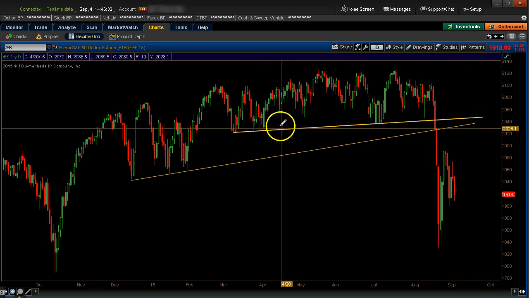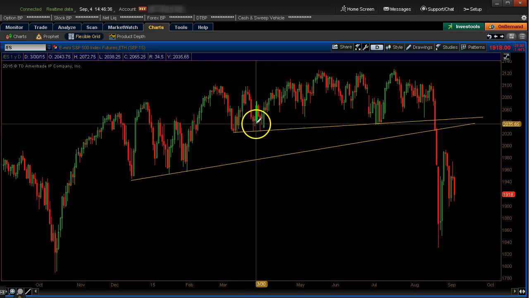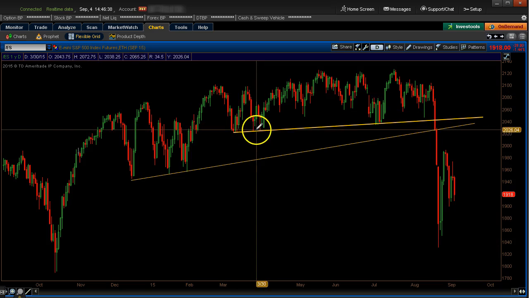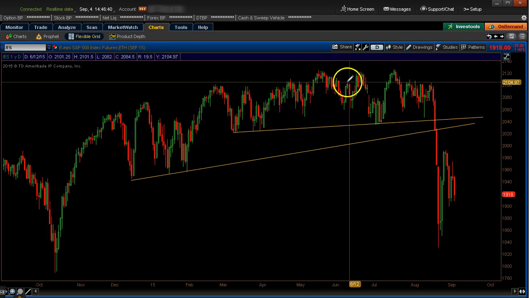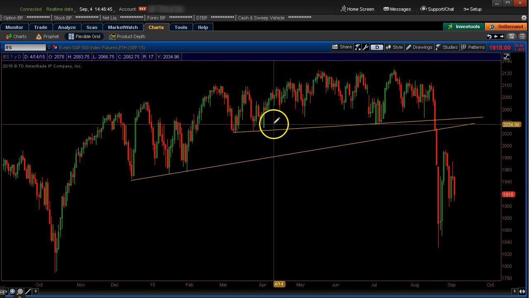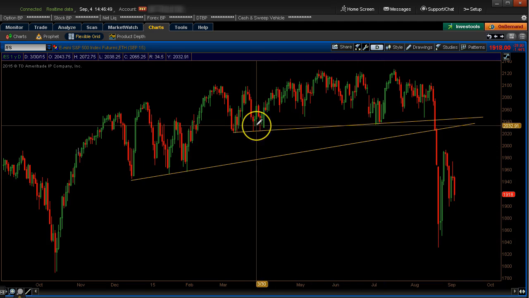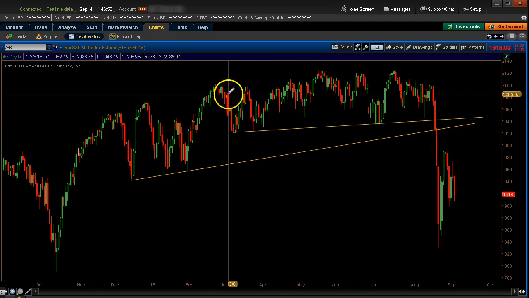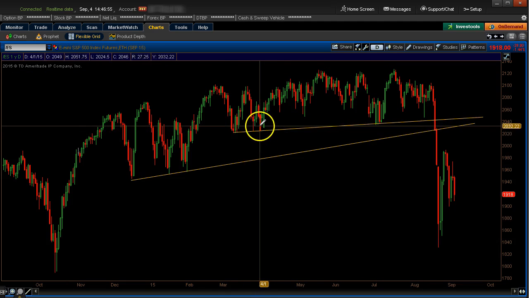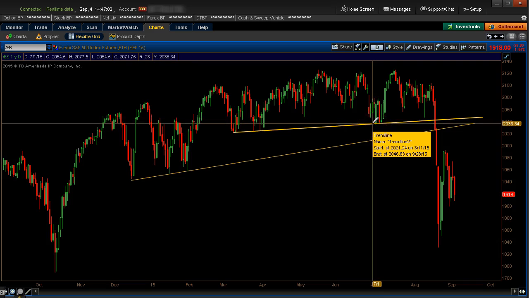So as you can see here, we find support, rallies, finds support, but a higher support, because every time it pulls back, it's making higher lows, correct? That's what we talked about in the last video on the trend. So which way is the trend? Well, we're making higher highs and higher lows. But every time it makes a low, it's finding a support level.